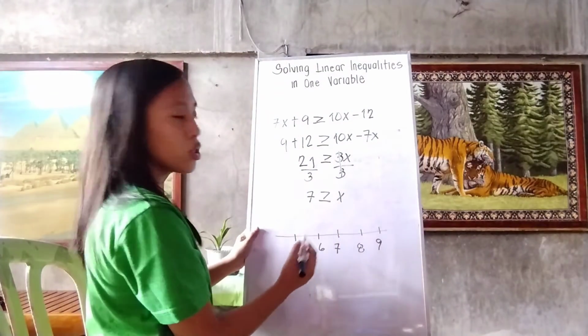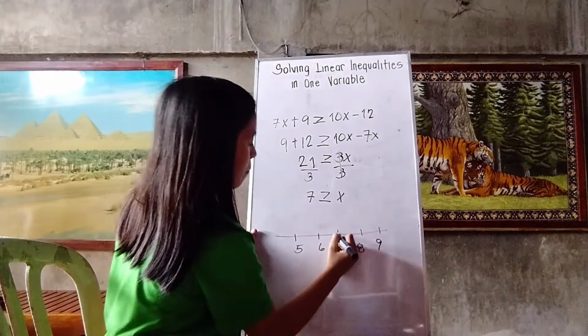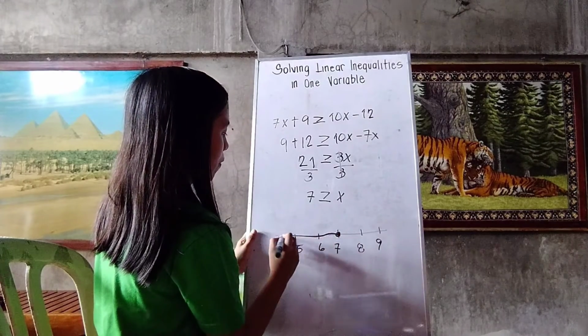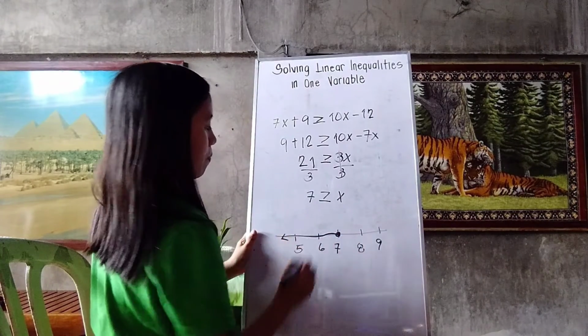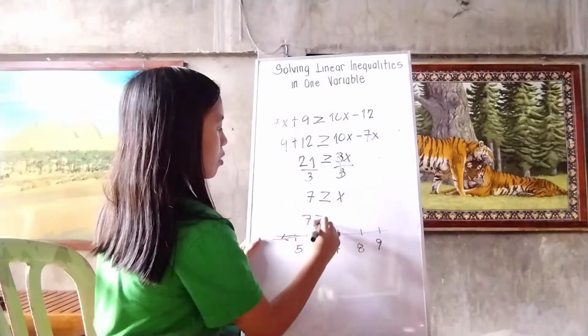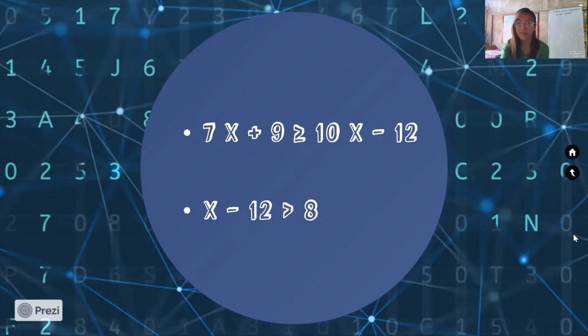Greater than or equal to is not an open circle, it is a shaded circle, and the shading goes to the left. And this is 7 is greater than or equal to x. That's it.